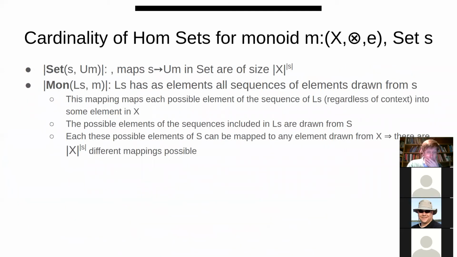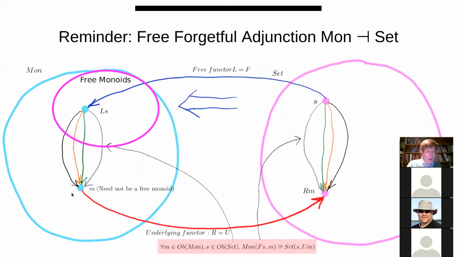But here, each element of a sequence, it turns out, can be mapped onto any element drawn from this set M. So when we're mapping with a monoid homomorphism, basically what we're doing, observing associativity and so on, is mapping each possible element of the sequence. Those elements are from S. Like we're mapping 0 and 1.